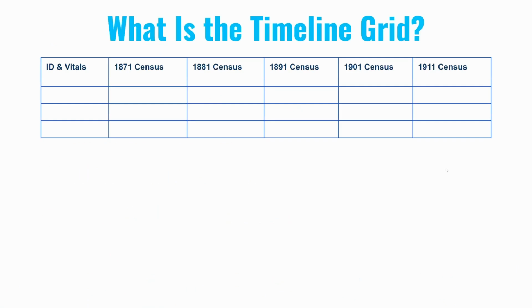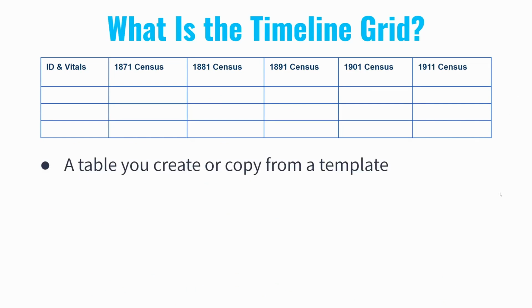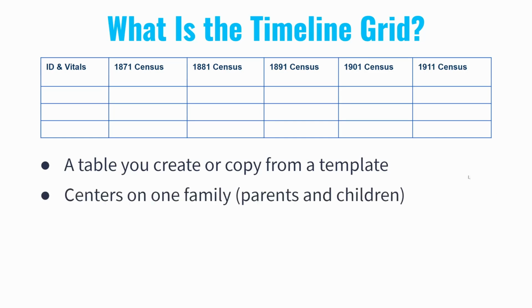What is the timeline grid? Well, you're looking at an example up here, but to explain it, the timeline grid is a table that you either create yourself or you can copy from a template. It centers on one family, one nuclear family, in other words, a set of parents and their children.